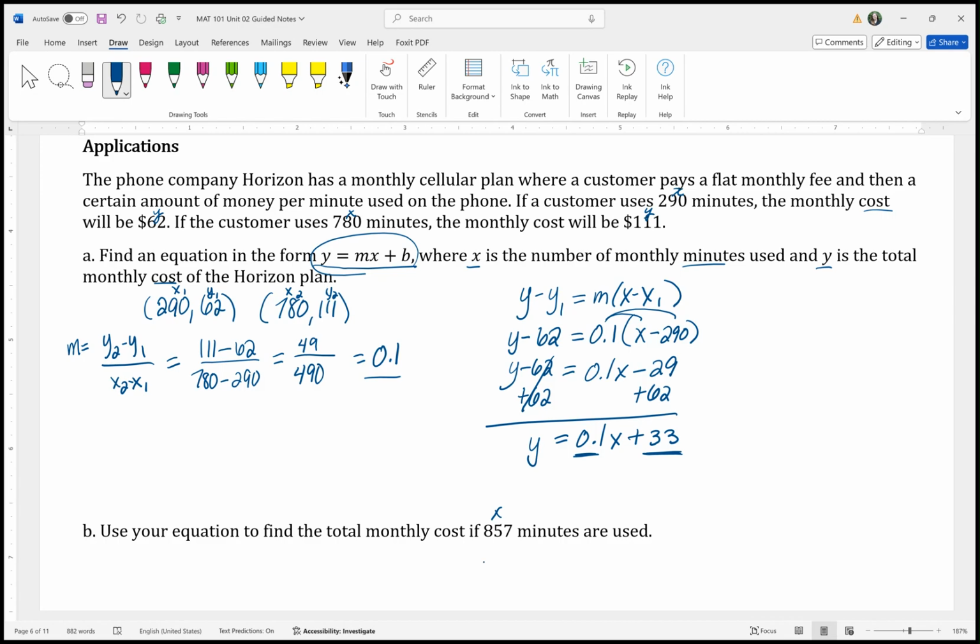So we're going to do y equals 0.1 times 857 plus 33. We plugged in minutes, and we're getting cost out.